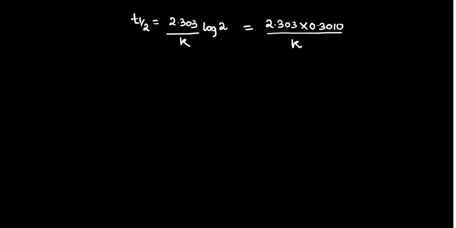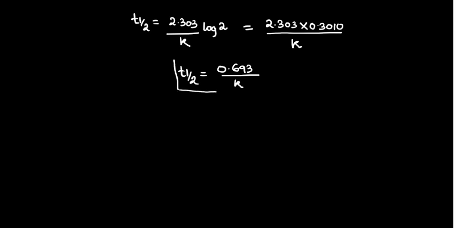So from here what we can say, t half is equal to 2.303 by k log 2, right? So what's the value of log 2 base 10? It is 0.3010. So let us put the value here. Right? So what is the expression for t half? We are getting t half is equal to approximately 0.693 by k.